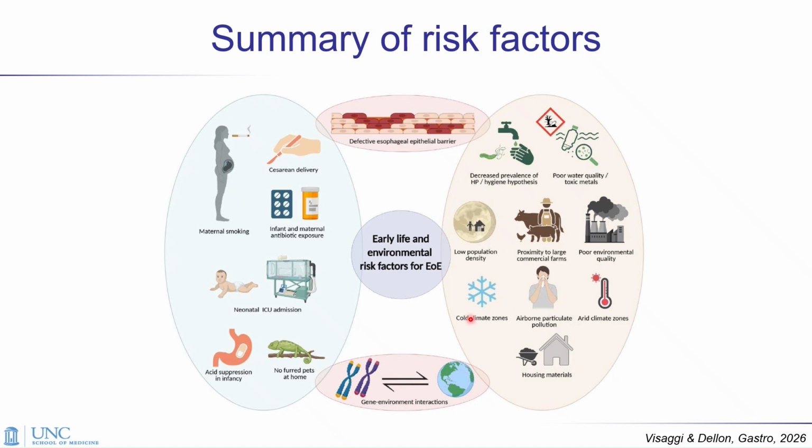And then these will interact not only with genetic predispositions and that gene-environmental interaction, but it also interacts with the lining of the esophagus and how good that lining is at keeping out these environmental factors. And this constellation of things is what may lead to EoE in a given person.